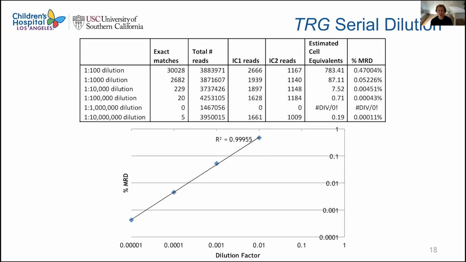Same kind of results for the TRG clone. The R-squared was even higher this time. Interestingly, in this one, we ran a 1 to 10 million dilution, and we saw a few reads with the exact match.